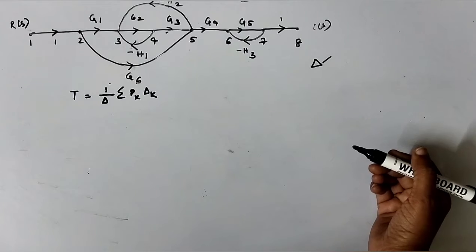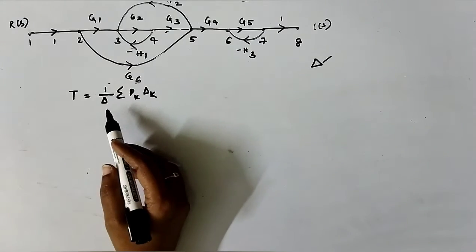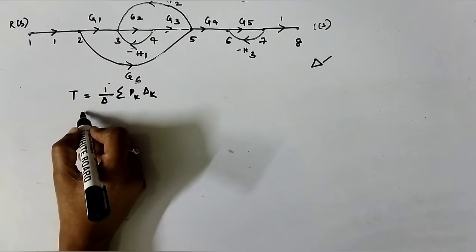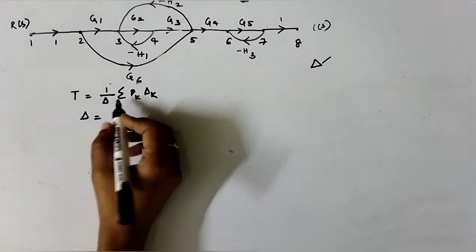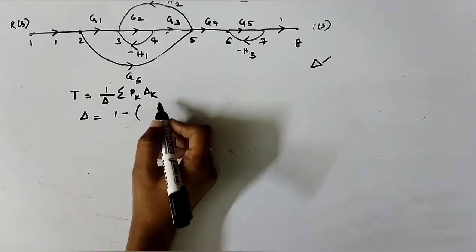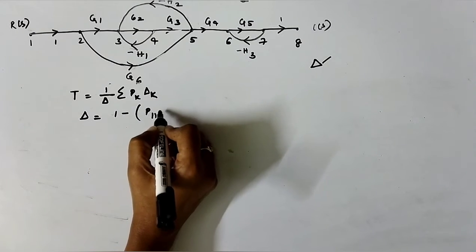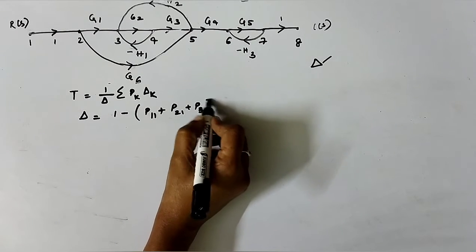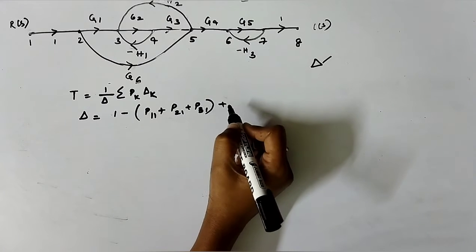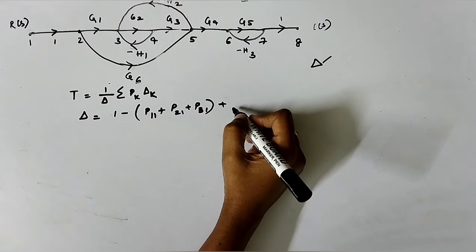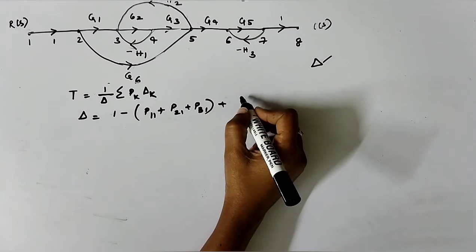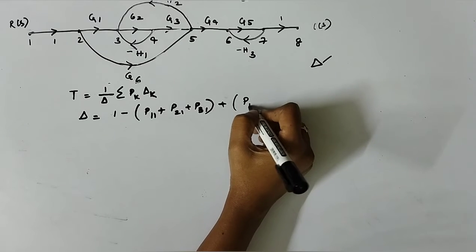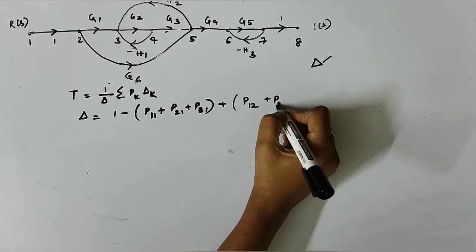Start finding delta. Now we know that overall gain equals 1 by delta into sigma Pk delta k. Now delta equals 1 minus the sum of individual loop gains, which are P11, P21 plus P31, plus the sum of all possible combinations of two non-touching loops, so two non-touching loops, you have P12 plus P22.